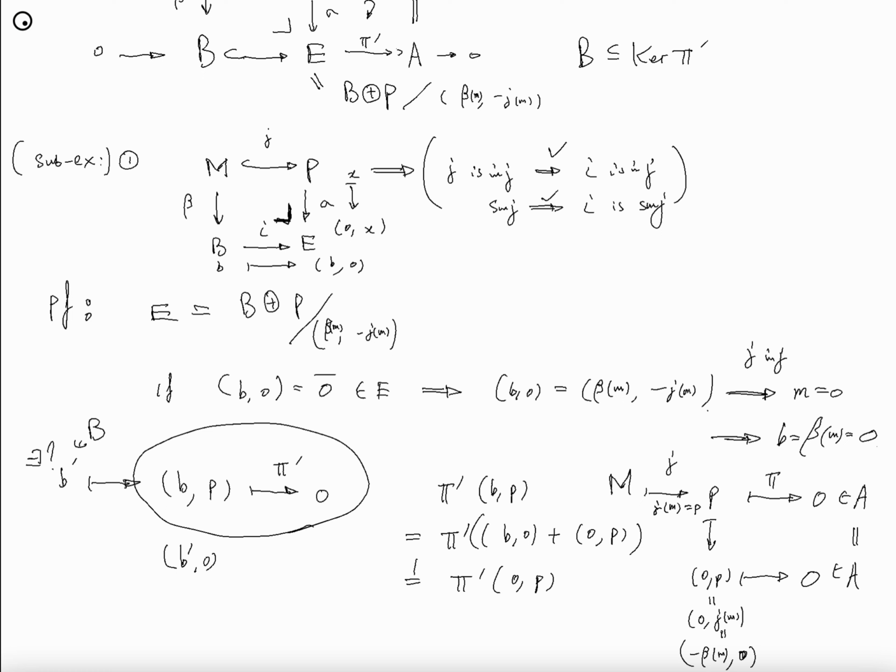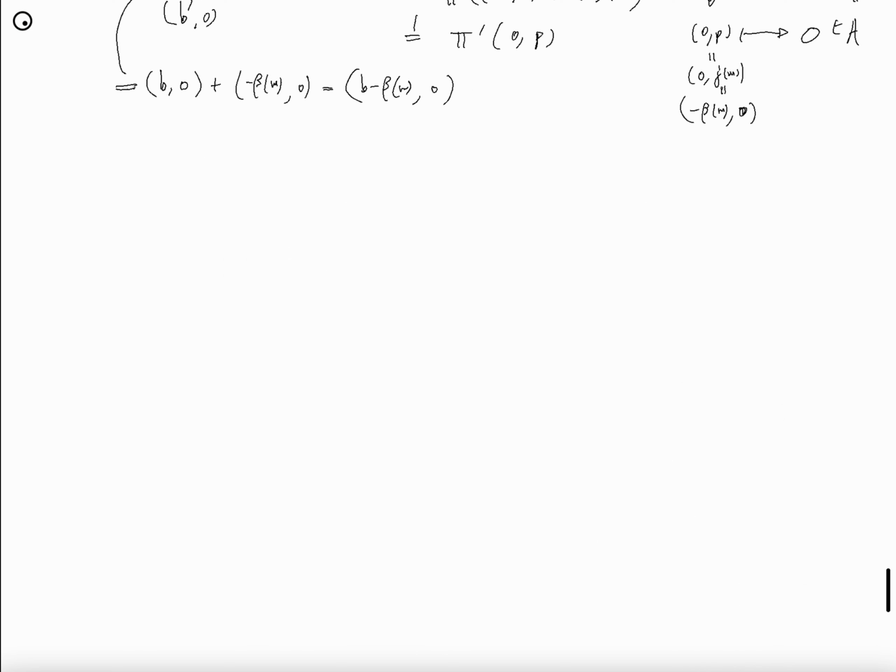And so this is telling you that this (B,P) equals (B,0) plus minus (beta M, 0), which is again something in (B,0). This proves that the kernel of pi prime is contained in B, and so this is an equality.